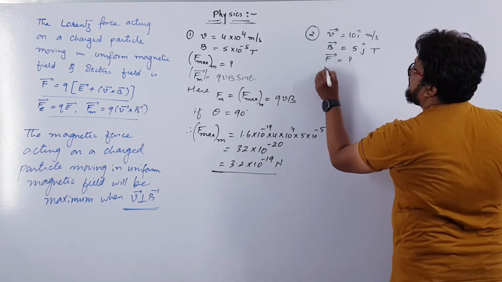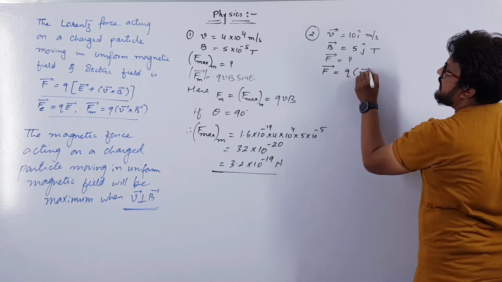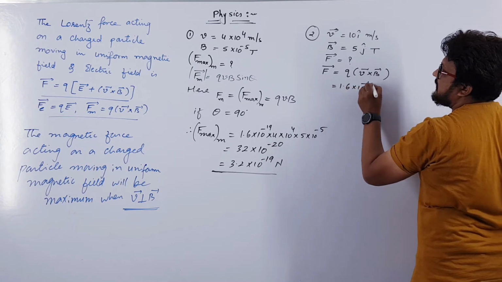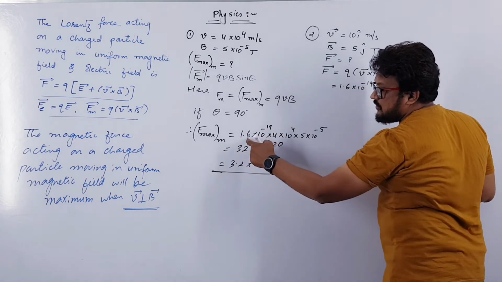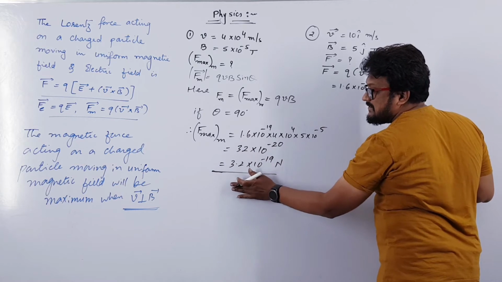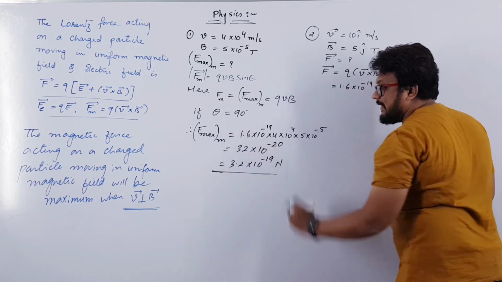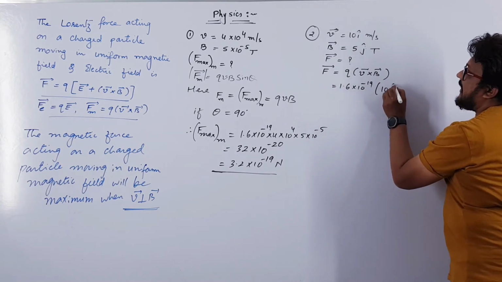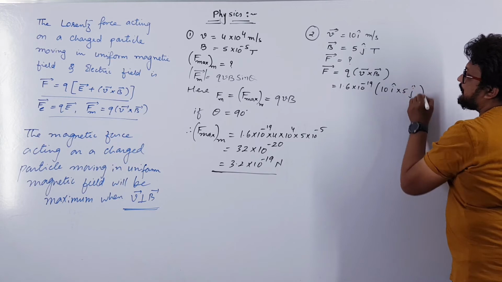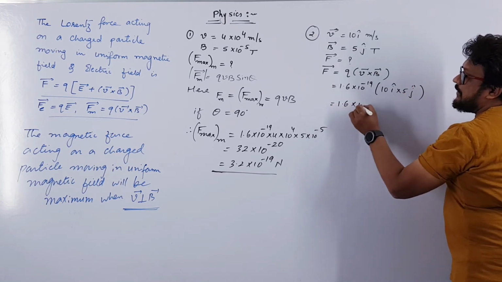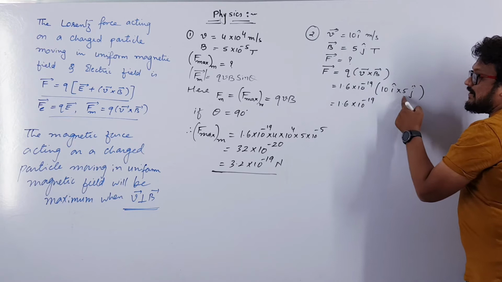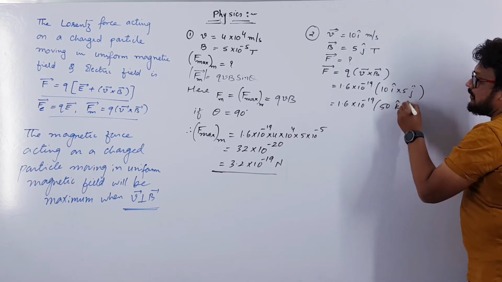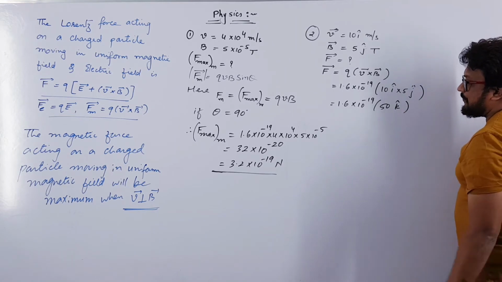We have the formula for magnetic force F equal to Q into V cross B, where Q is 1.6 into 10 to the power minus 19. Remember, the charge of an electron is negative, but we have considered magnitude, that's why we are not writing the negative sign here. So 1.6 into 10 to the power minus 19 into 10 i cap cross 5 j cap. 10 into 5 is 50, so this is 50 into i cross j, and i cross j is k cap.